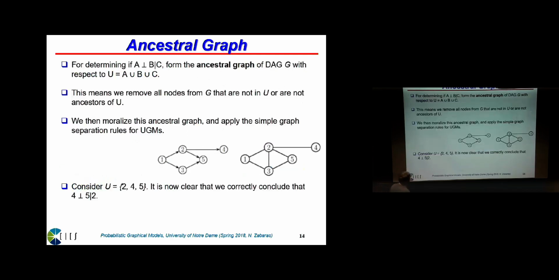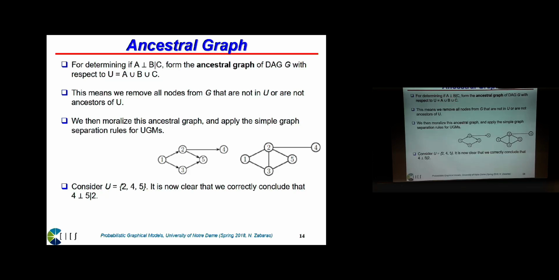So here's what you need to do. If you want to prove a conditional independence of, let's say, A and B given C, you form what is called the ancestral graph, where you start with a directed graph that only has the nodes A, B, and C, nothing else. Then you moralize this graph.